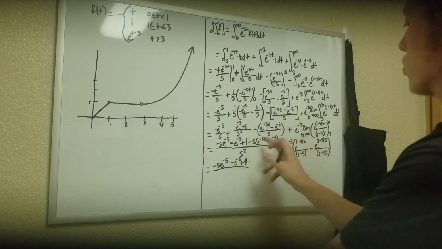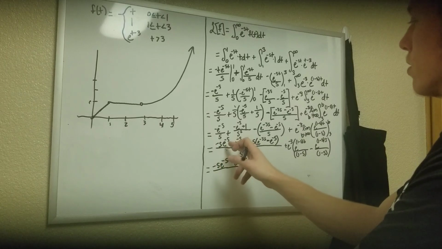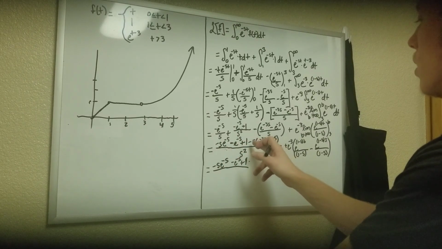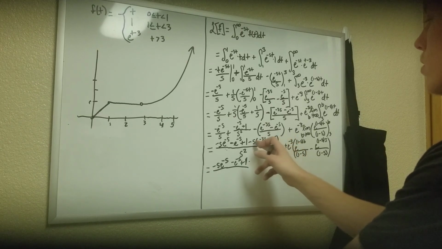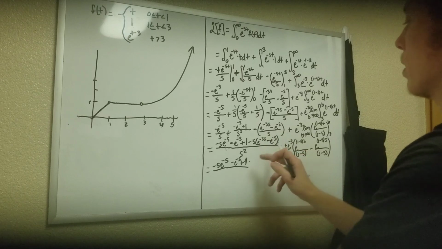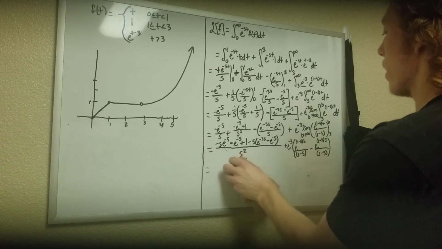And then if we distribute that s, this negative s e to the negative s cancels with this s e to the negative s, because when we subtract the multiplication, we end up with a positive. So those end up canceling.